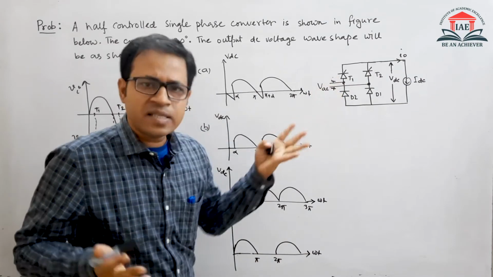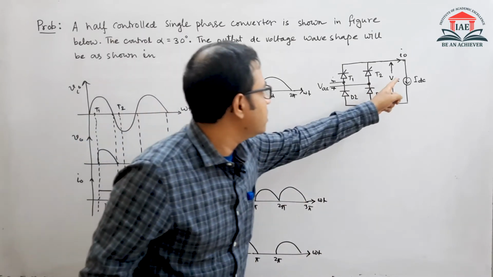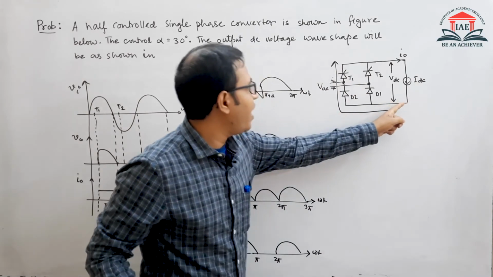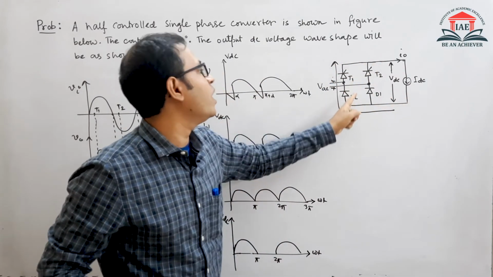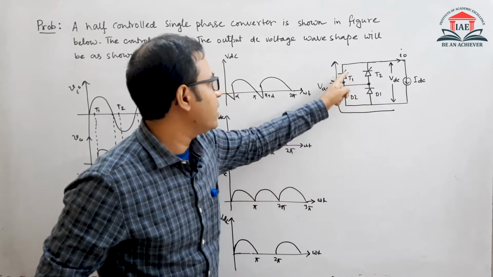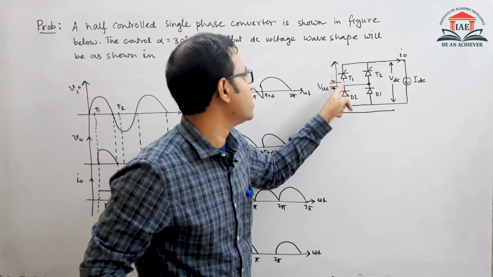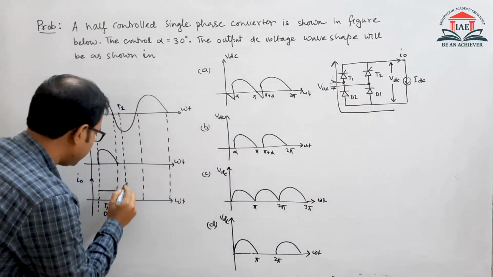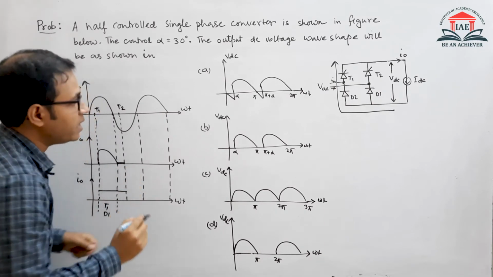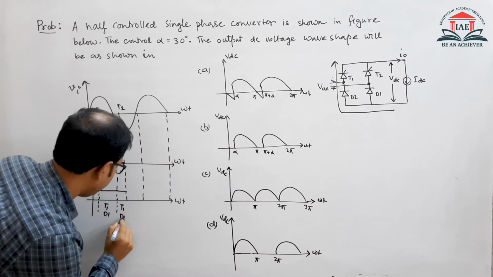Now T1 is still in conduction and D2 is coming into the picture. Then the output current will freewheel through T1 and D2. The current will not go back to the source. When they are forward biased and conducting, the output voltage will be 0 because they are short circuit. And here the conduction will be through T1 and D2. So let us write T1 and D2.